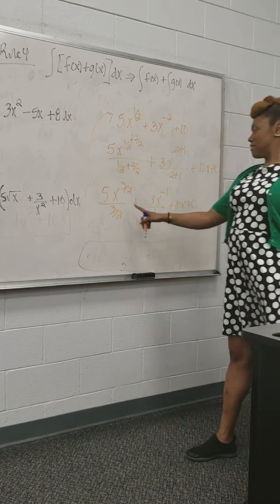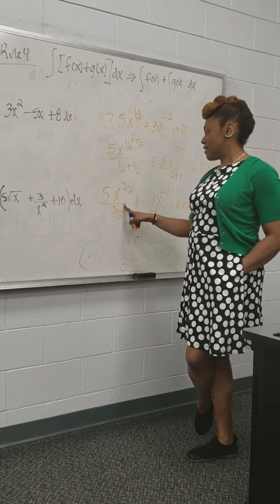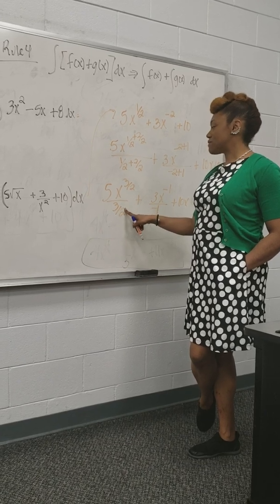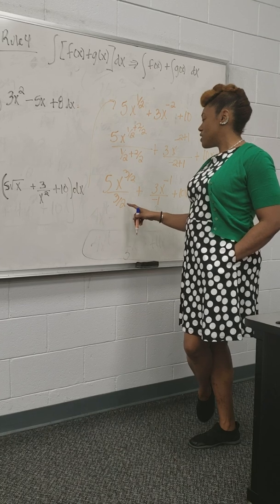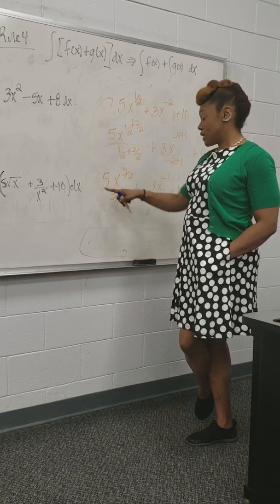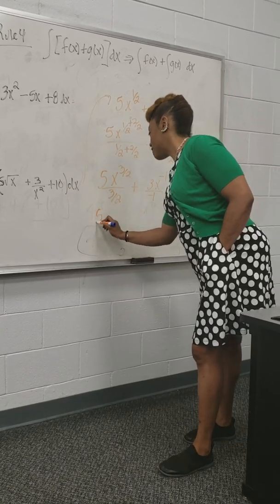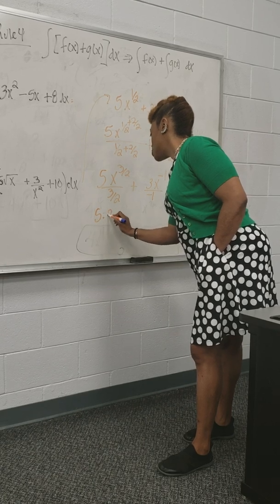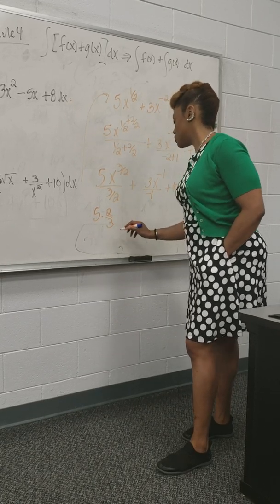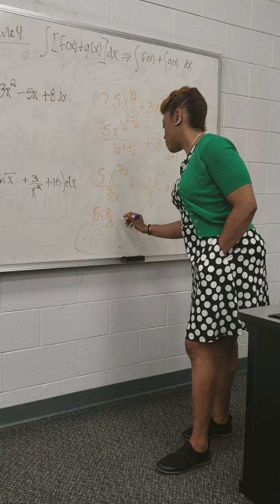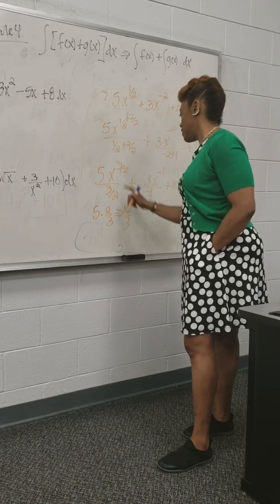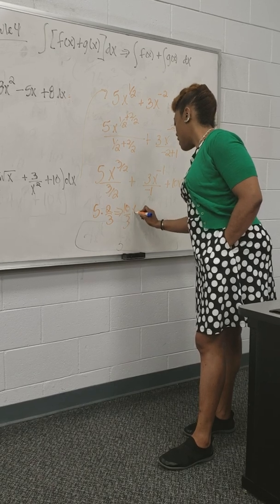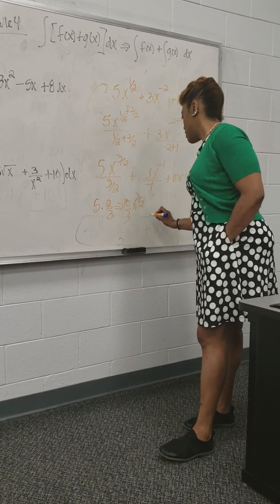Okay, remember, like in the other video, we cannot keep this fraction in our denominator, so we must multiply by its reciprocal. So the 2 comes to the top, so that'll be technically 5 times 2/3, which will give me in turn 10 over 3, and then we'll keep the rest the same, x to the 3/2.